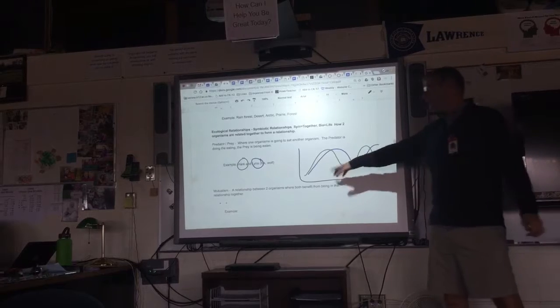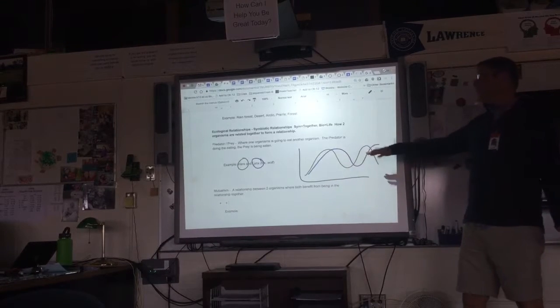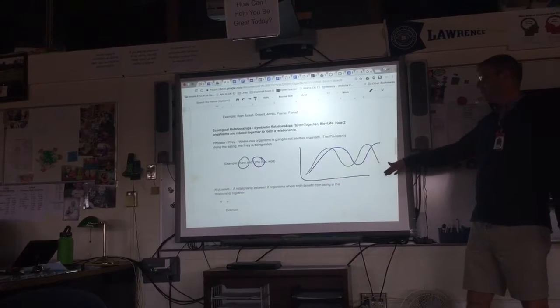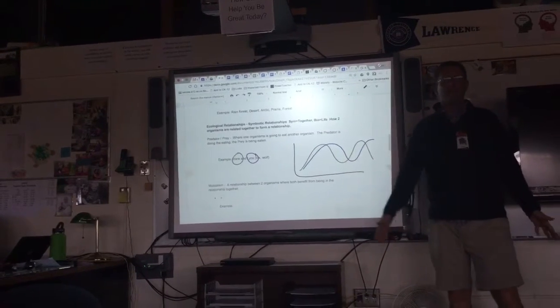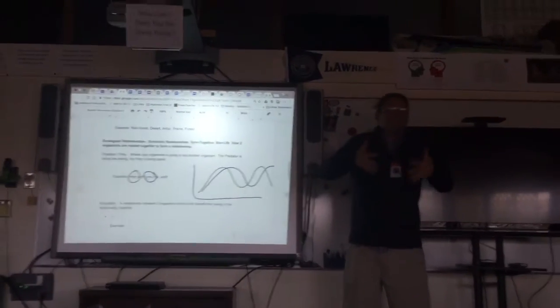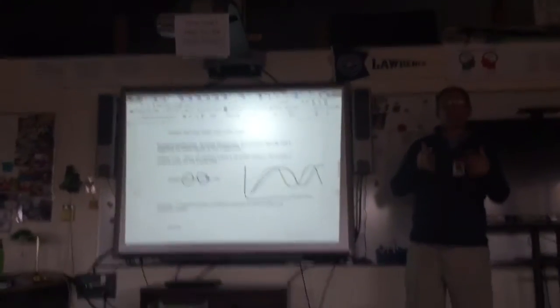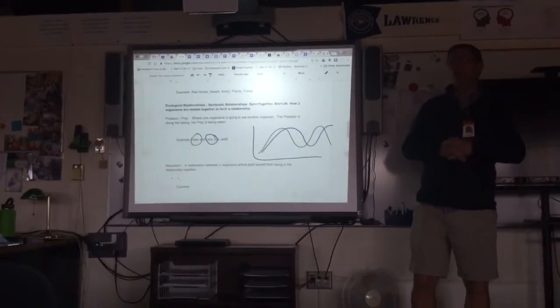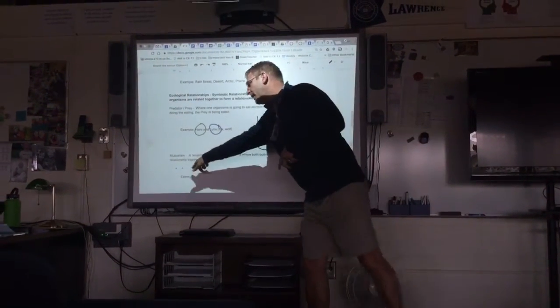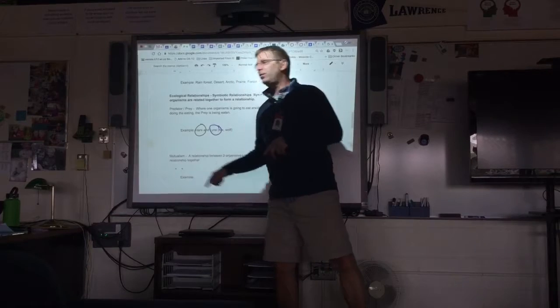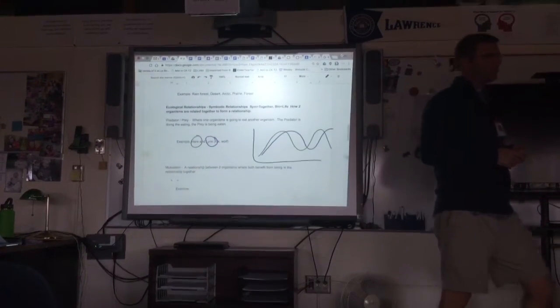That's a relationship between two organisms where they both benefit from being in the relationship together. They actually have to be together and they benefit each other from being together. We can kind of look at that as a positive and a positive. So each organism benefits from being together like that.